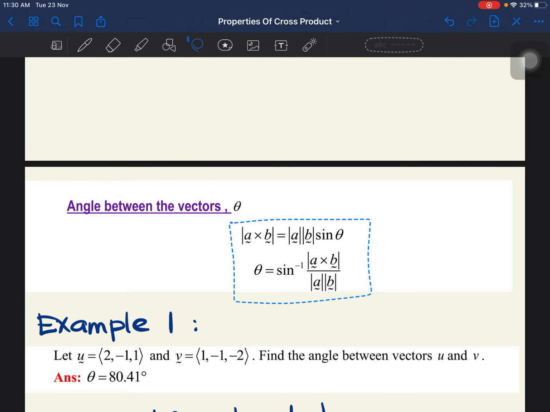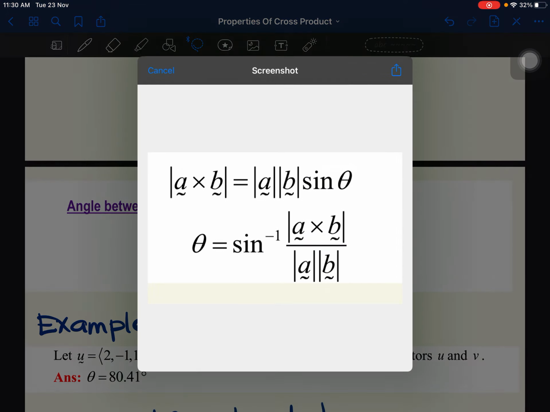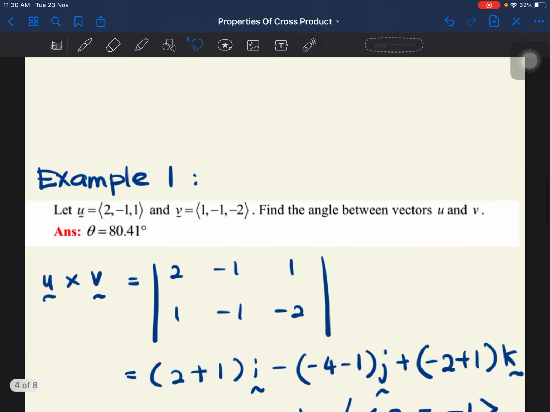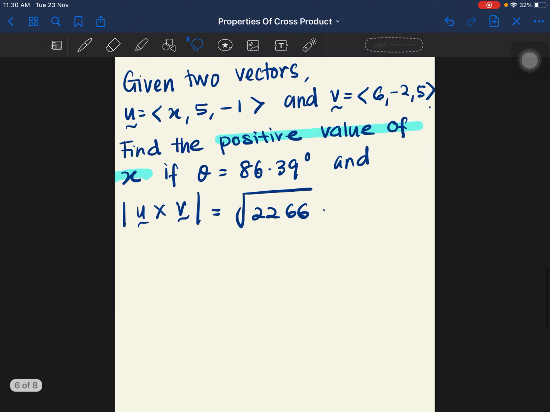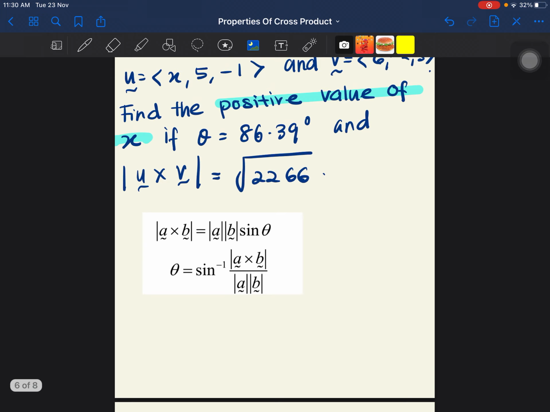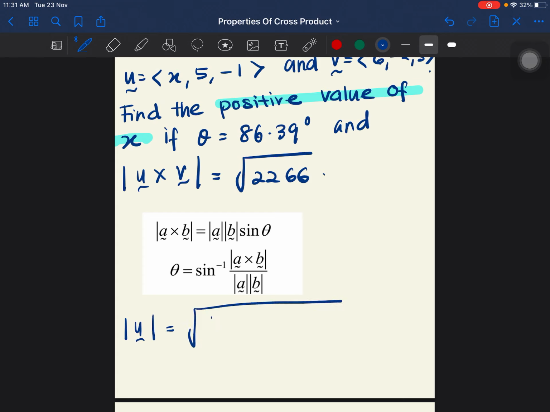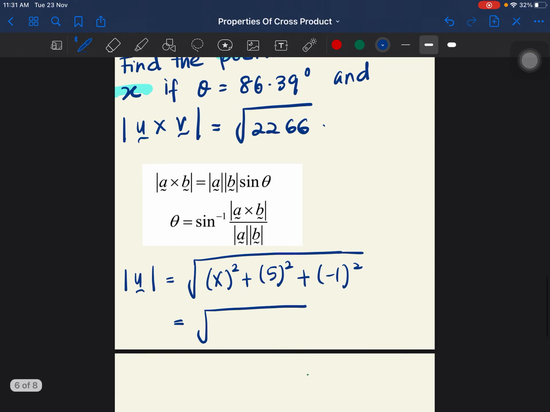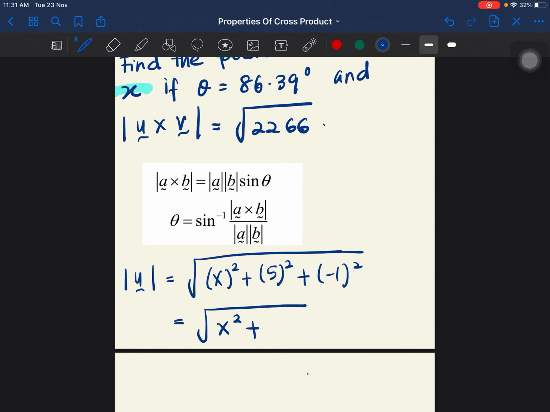You just have to find the other two. The magnitude of u is equal to the square root of x squared plus 5 squared plus negative 1 squared, which is equal to the square root of x squared plus 26.